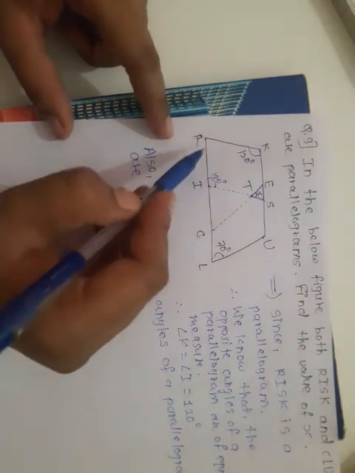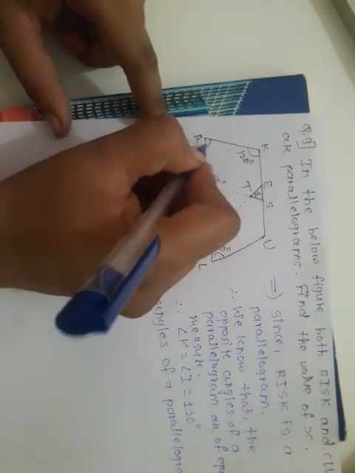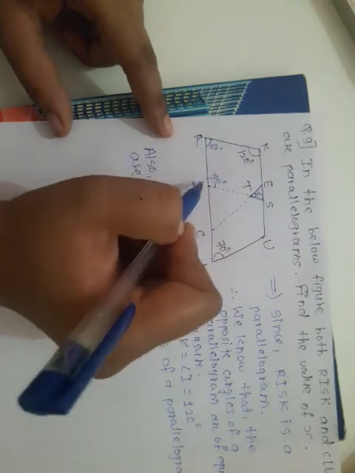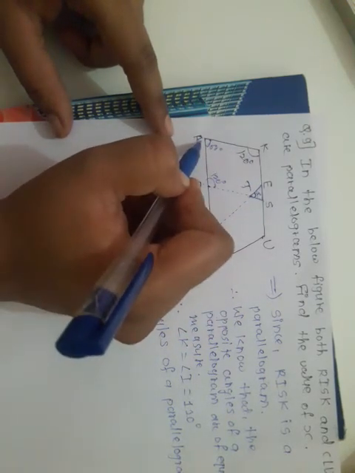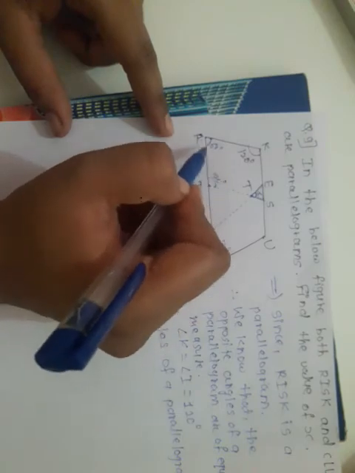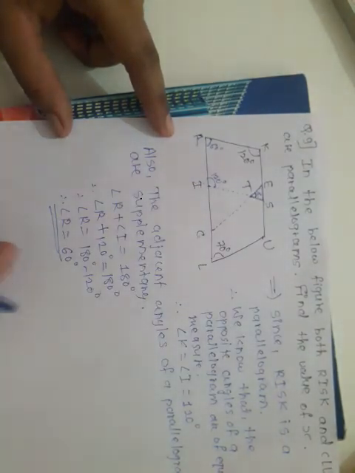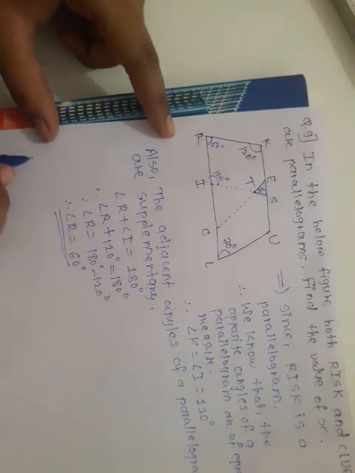Angle R is 60 degrees, and in RISK, which is a parallelogram, the opposite angle of angle R is of equal measure.